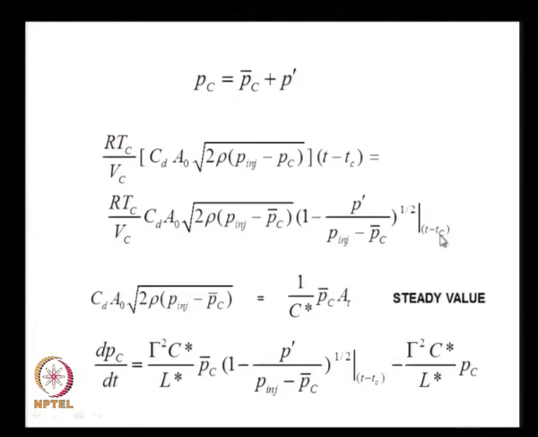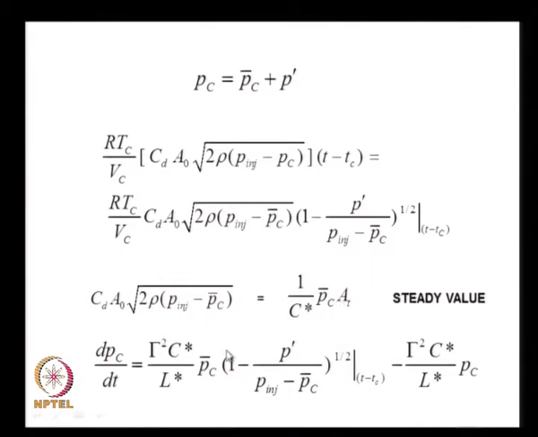Now we note that this value corresponds to the steady chamber pressure, and this steady chamber pressure corresponds to the steady value of mass flow rate through the nozzle, namely 1 over C star into Pc over At, and therefore the expression which we had for dpc by dt could again be written as 1 over C star Pc At.